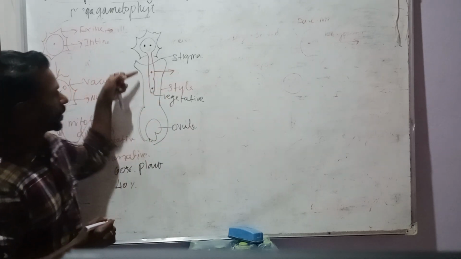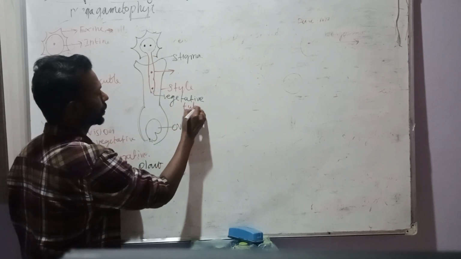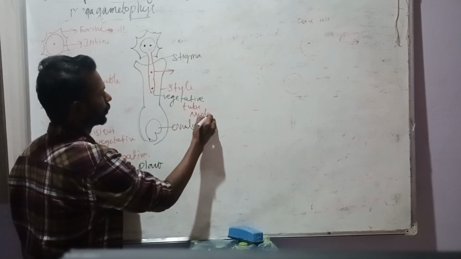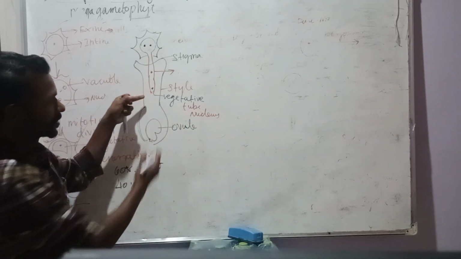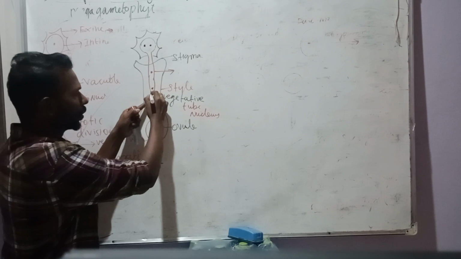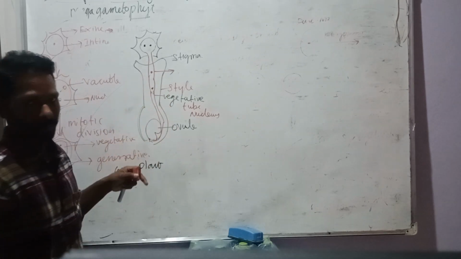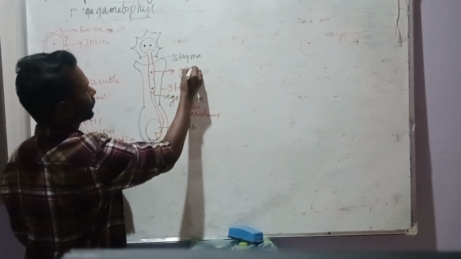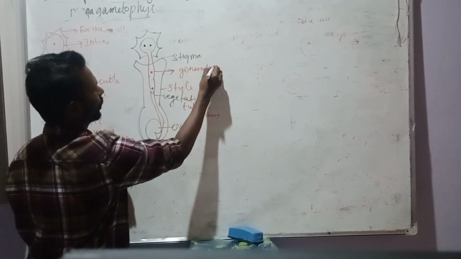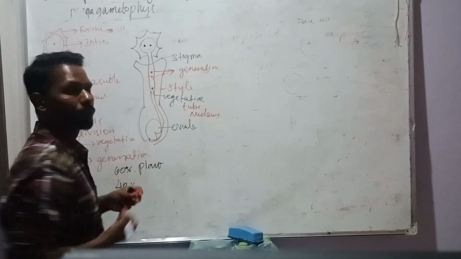The vegetative nucleus is also called the tube nucleus, and it helps the pollen tube to grow towards the ovule. The generative nucleus undergoes mitotic division and produces two nuclei.